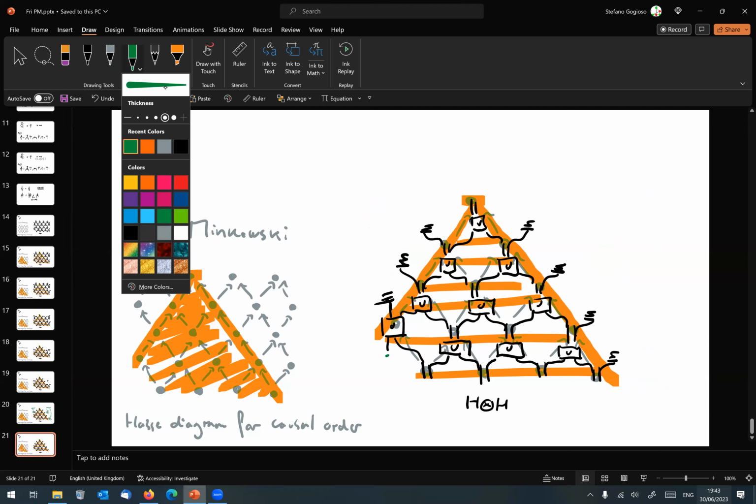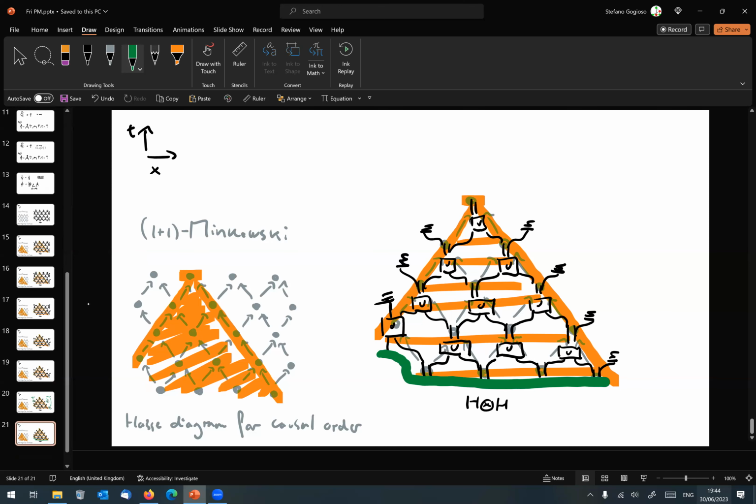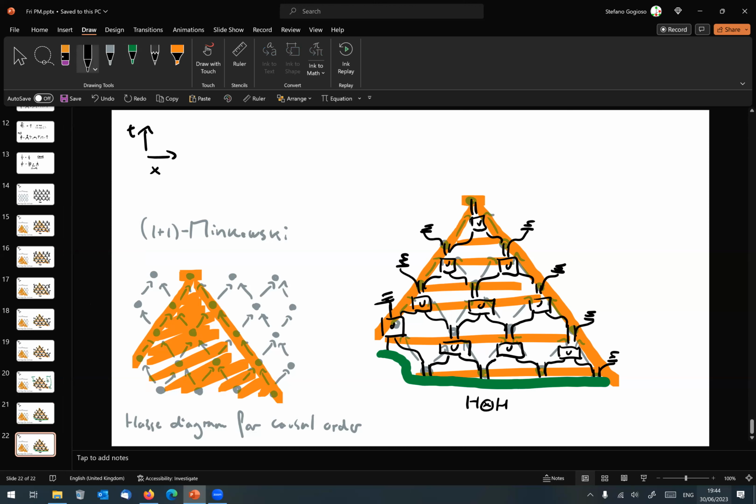Let me take a very thick pen for it. So this is going to be my initial slice. So it's those systems. I specify a state for those. I know the state of the entire thing. And so I can remove all of this orange, which is annoying. And I can remove all of the green.